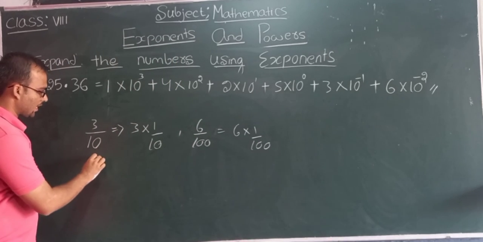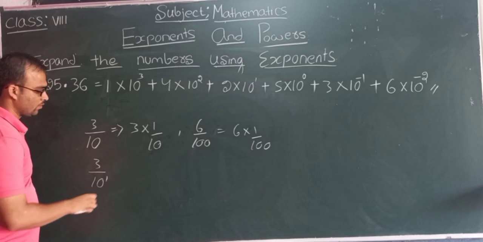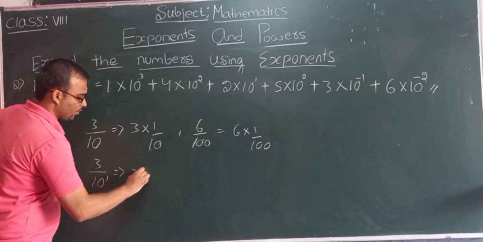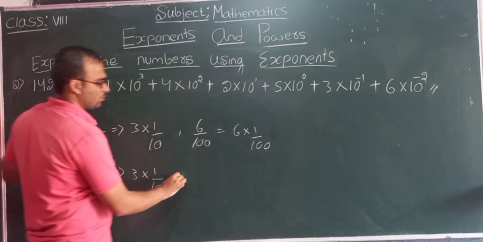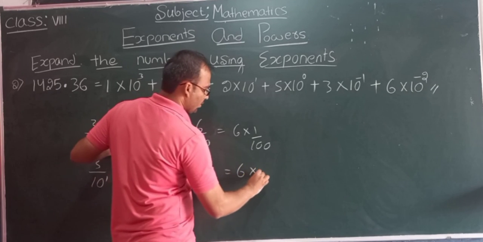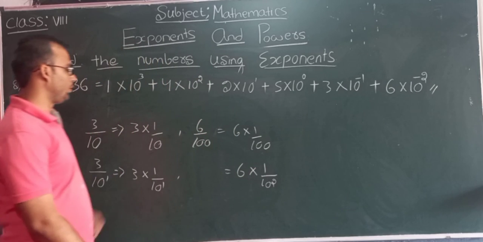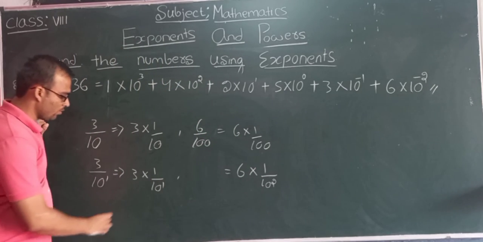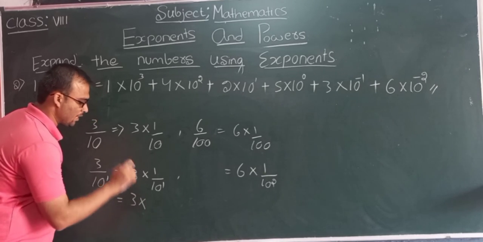This can be written as 3 into 10 to the power 1 in the denominator, and 6 into 100, means 10 to the power 2 in the denominator. Now if we keep this 3 as it is, next multiply.